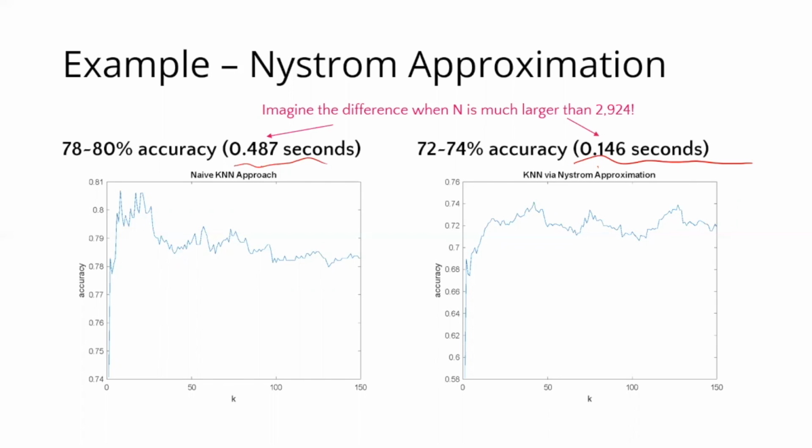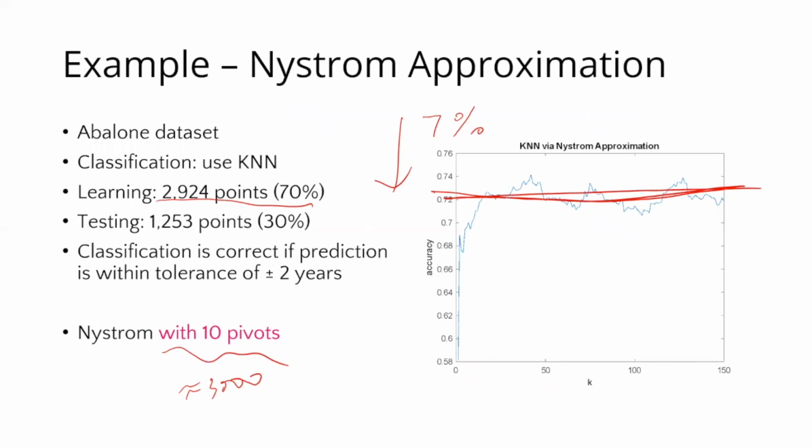Imagine what the difference is going to be when n is much greater than 3,000. And remember, we're using only 10 pivot points. In the next class, we're going to experiment with our own code to see what happens with a varying number of pivots.